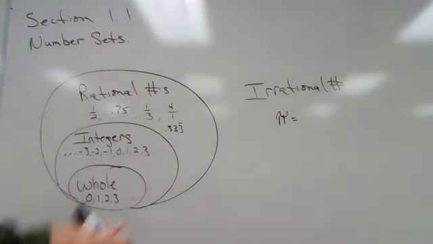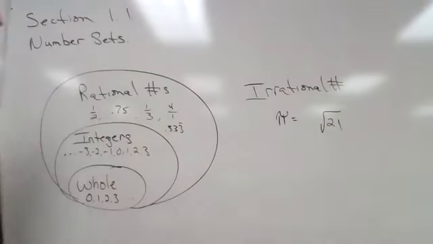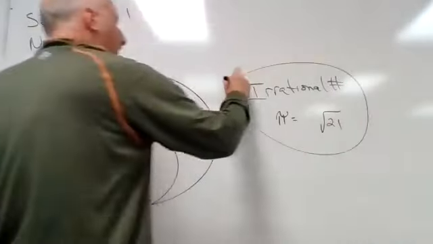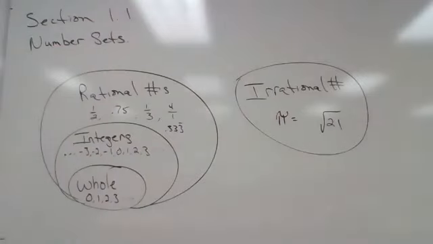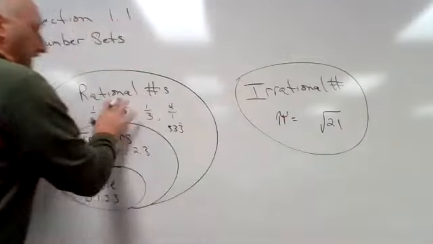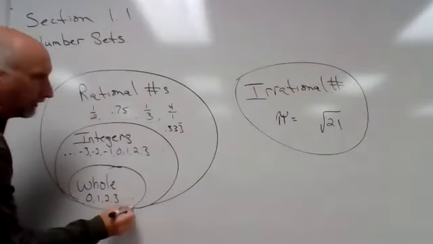It goes on forever and never repeats. That's considered an irrational number. A lot of radical numbers, square root numbers, end up to be irrational, okay? So that's another group of numbers separate from the other group because they're different. None of these numbers in the irrational column or bubble fit into the rational. They're different.